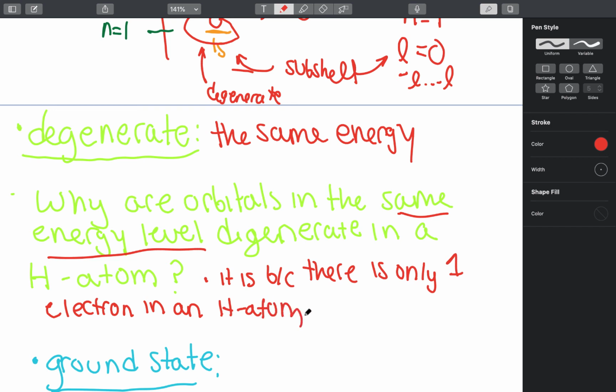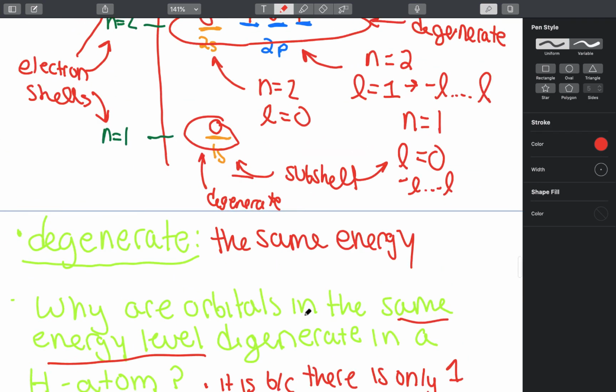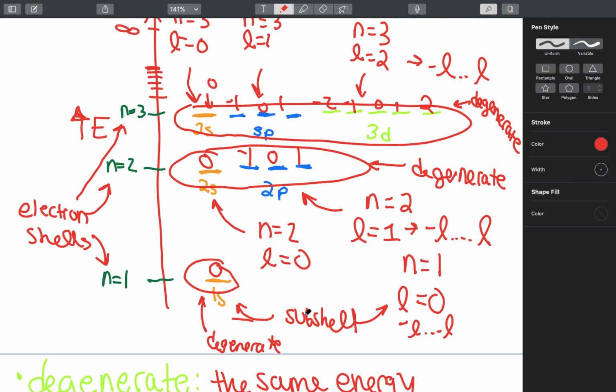So why would one electron produce these degenerate subshells? Because if you have only one electron, there is no electron-electron repulsion.